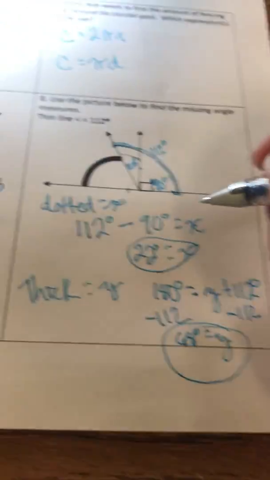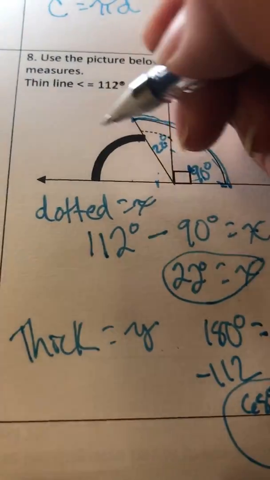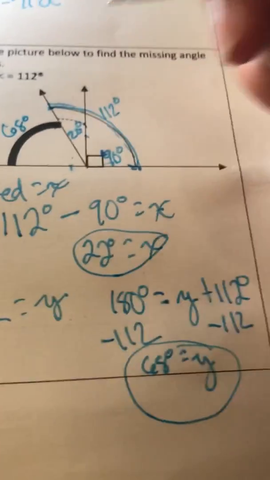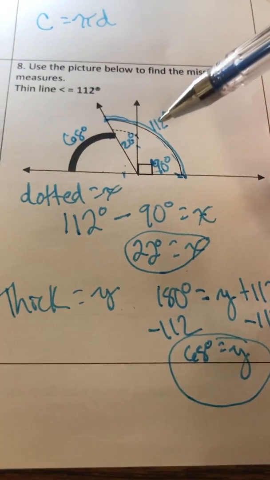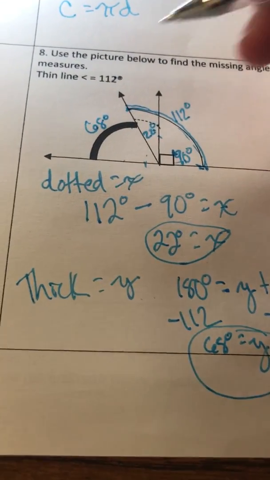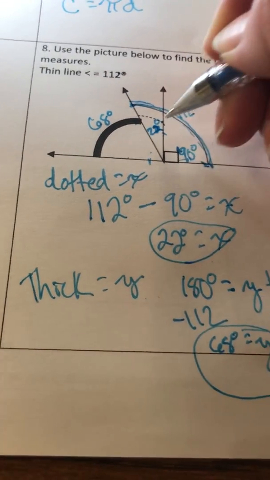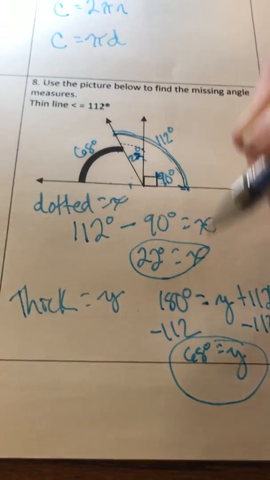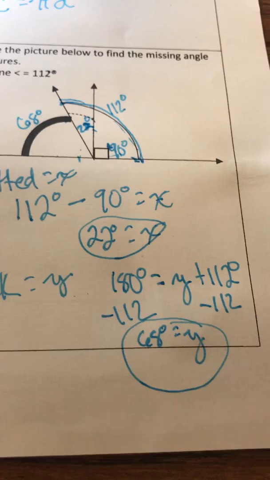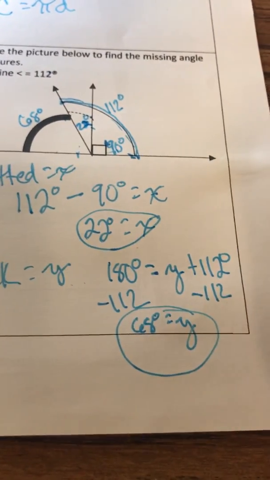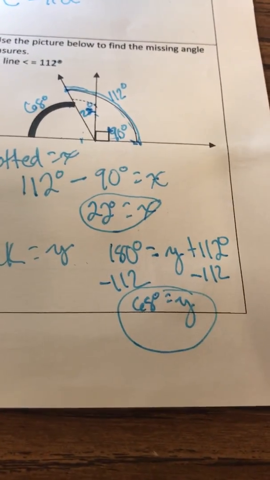So then the measure of this angle is 68 degrees. If we add 68 plus 22 plus 90, we will get 180 degrees. Okay? Questions?